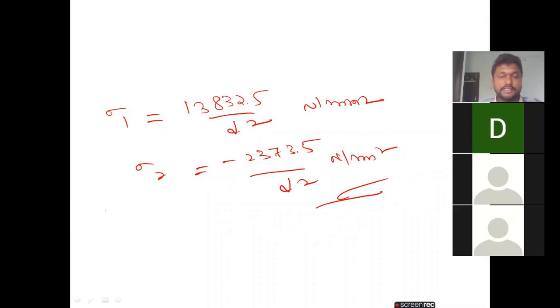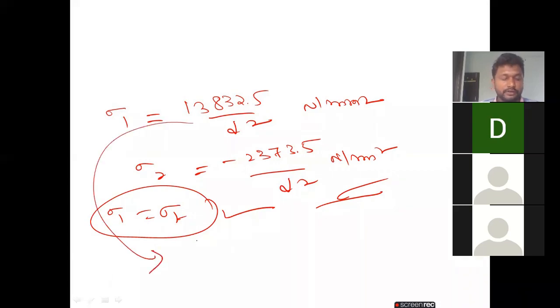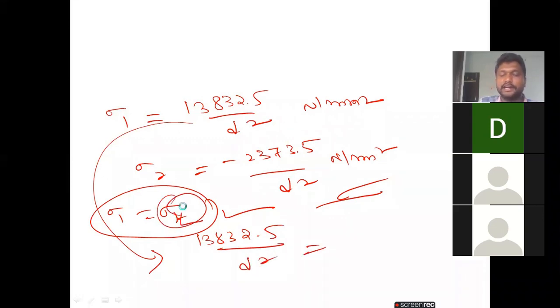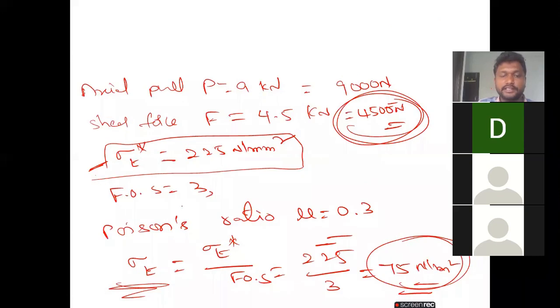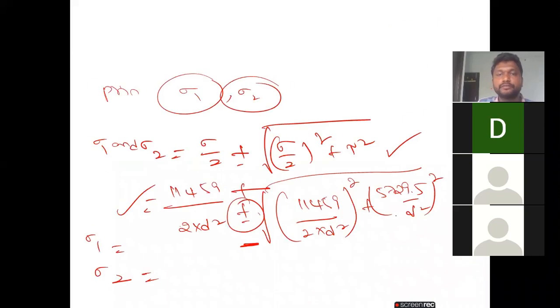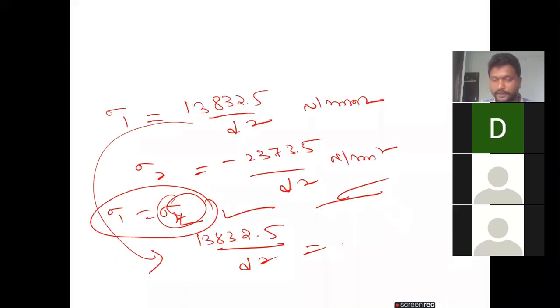So now sigma 1 equals sigma t, everyone knows. So 13832.5 by d square equals sigma t, which we already calculated in the starting step, that is 75. Then I get the d value as 13.6 mm.